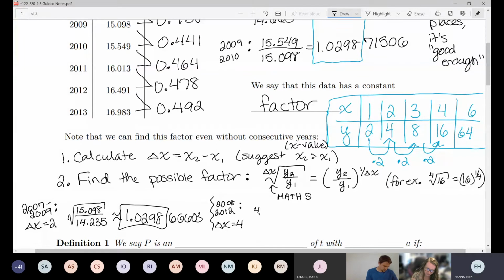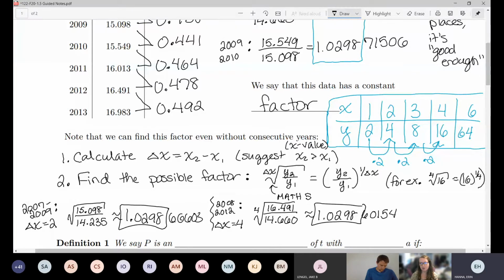So that means we want to take the 4th root of the population in 2012 divided by the population in 2008, 14.660. And this would be approximately 1.029860154. Again, to those 4 decimal places it's the same number.